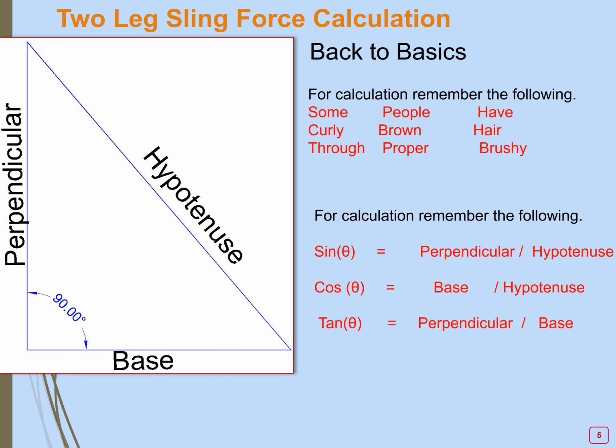Cos theta is equal to base divided by hypotenuse. Then tangent theta is equal to perpendicular divided by base. Compare these two sentences, the above sentence with the lower one, and it's easy to remember the angles.